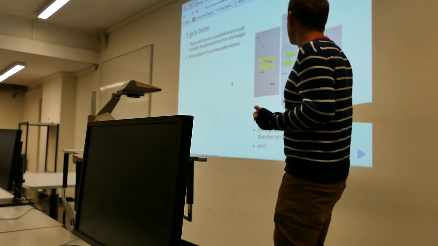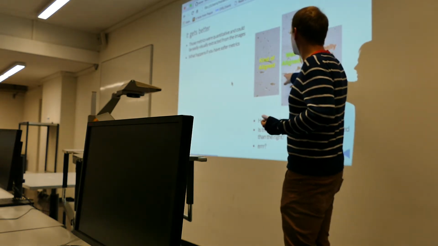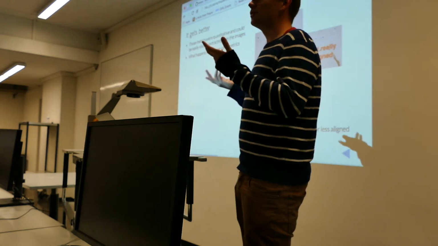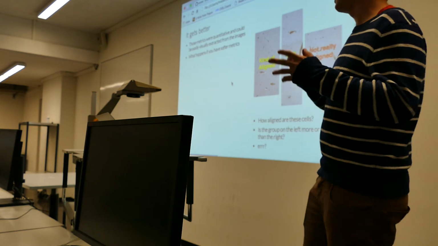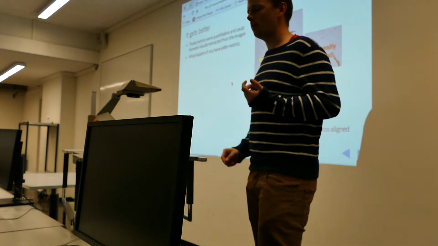Because maybe you thought this one was really well aligned, but someone else looked at it and said it was not aligned because these things are going in the other direction. And then you have a conflict. And without having everyone with the exact same definition and exact same understanding of what alignment means, you're going to have this problem.